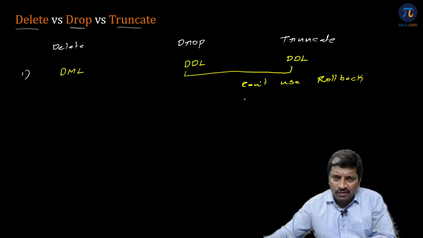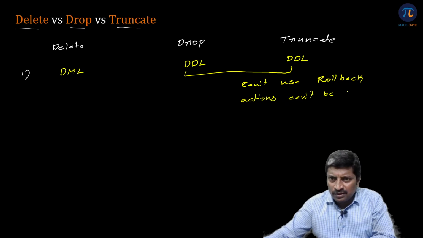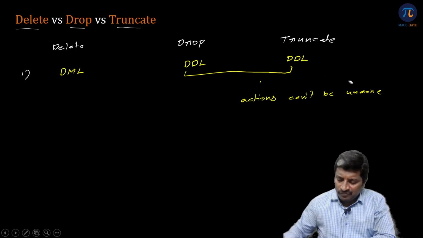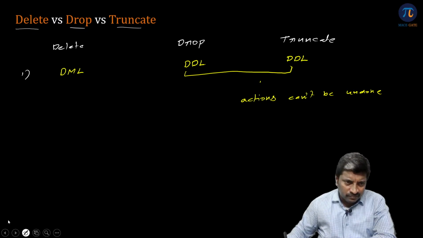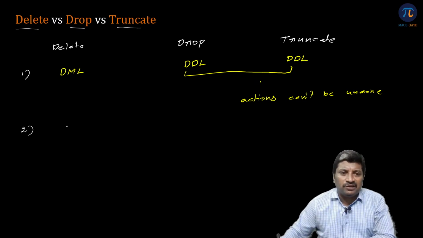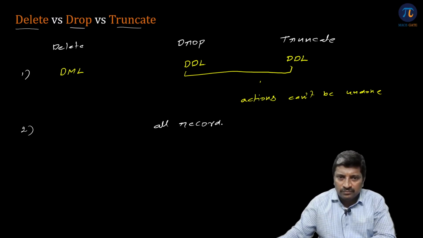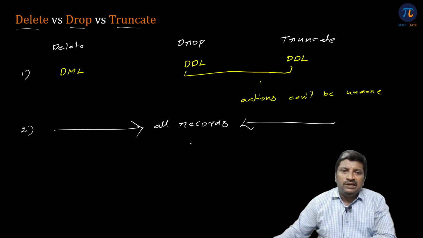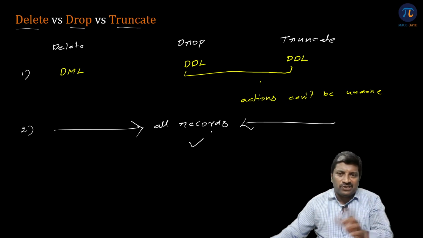I think it is better to write like this: actions cannot be undone. That is the first one, sir. The second one: everyone can delete all the records. All three can be used to delete all the records. If I use drop, the table as well as the records will be deleted.